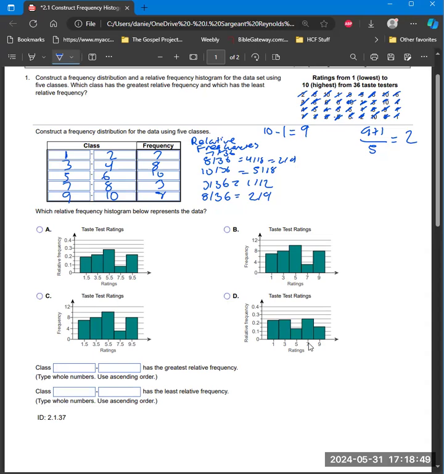So it's going to be A. It's the correct one when we convert these to decimal form. You can check that out with your calculator, convert these fractions to decimals, and make sure that they line up with these bars.